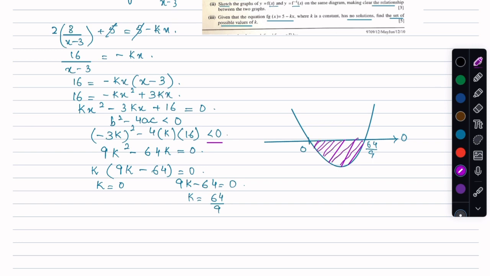And from here, I should say that the k values lie between 0 less than or equal to k, which is less than or equal to 64 by 9. So these are the set of values of k for which the composite function equal to 5 minus kx has no solutions.